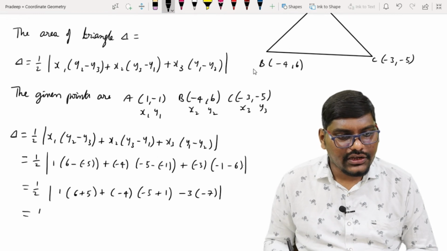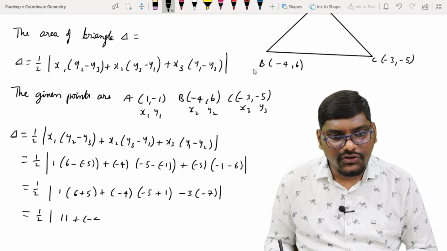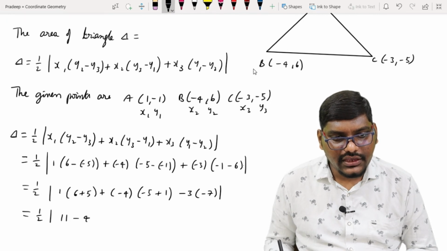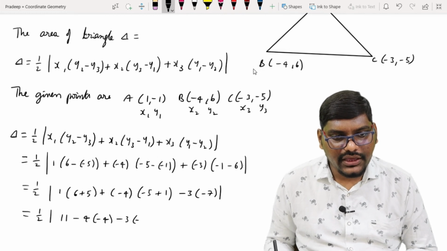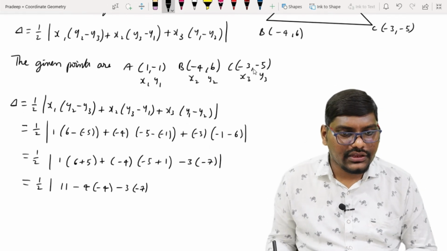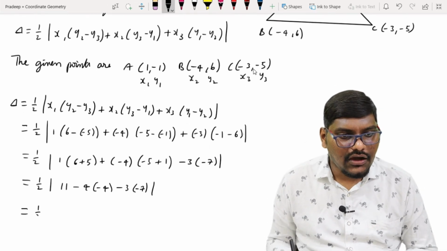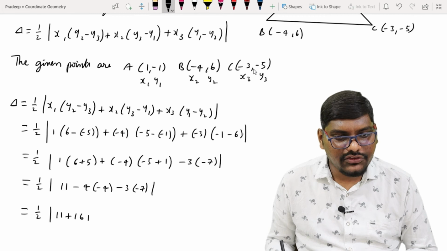Okay, so I can write this as half, 6 plus 5 it is 11, and this is -4 into -4, and this is -3 into -7. So we'll further solve this, we get the value as half, this is 11, 4 4s are 16, it is plus 16, this is minus into minus again plus, 7 3s are 21.